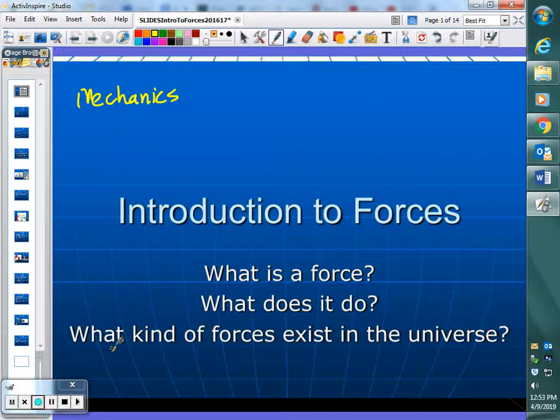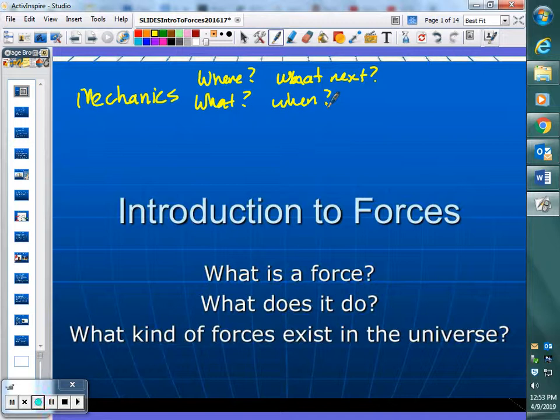What are the 4 questions? Where is it? What is it doing? What will it be doing? And when? So, we talked about where, we talked about what, we talked about what next, and then we talked about when.